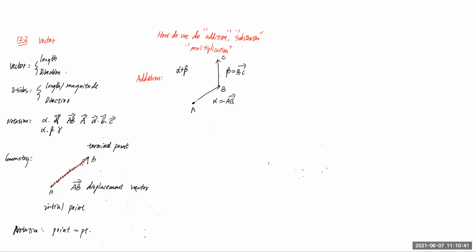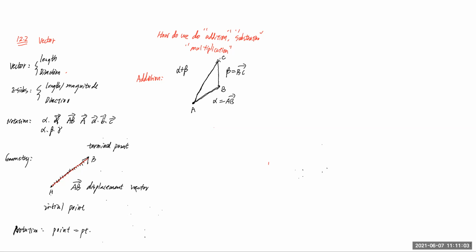The rule is that pretend that you are starting from here, work along this segment, continue from A, B to C, and then finally you got here. If we only look at the starting point and the terminal point, this is a vector, right?